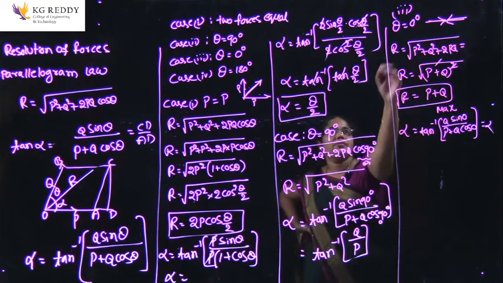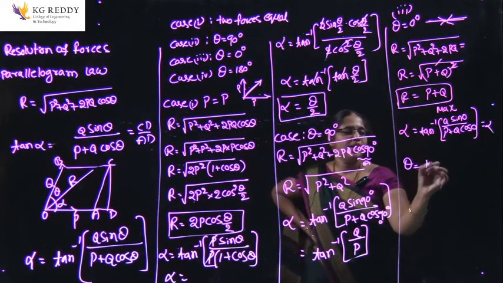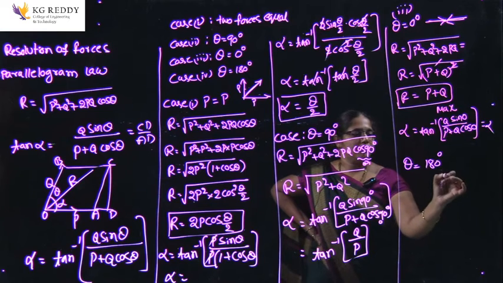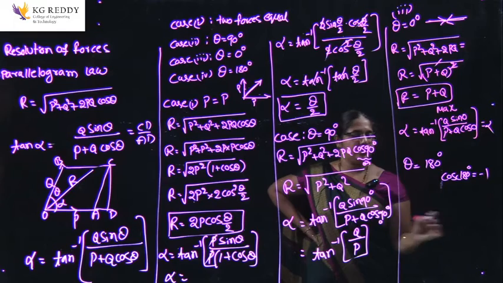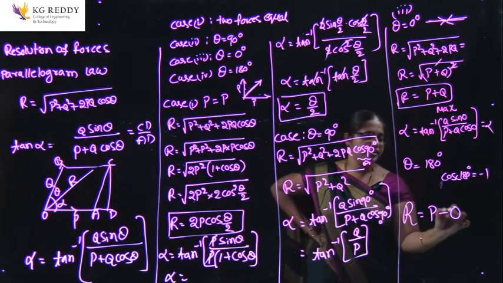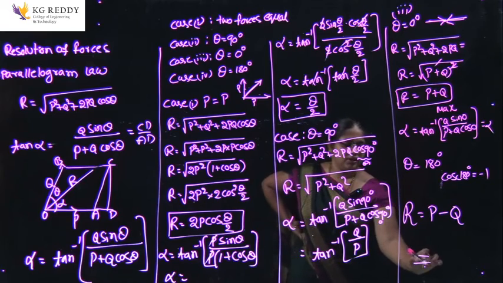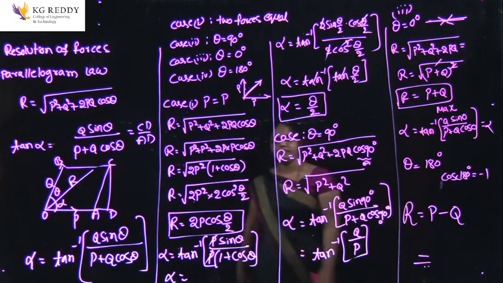So, what will happen whenever theta equals 180 degrees? At that time cos 180 equals minus 1, right. Therefore, here the resultant we will get is R equals P minus Q. So, these are the different cases we can apply.